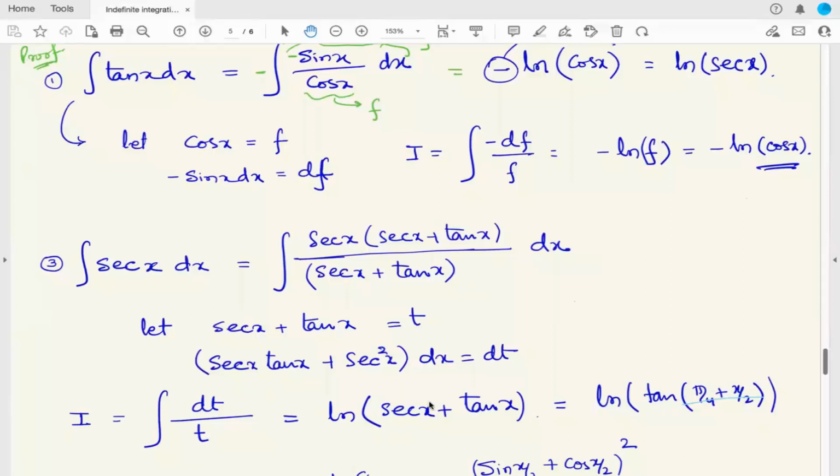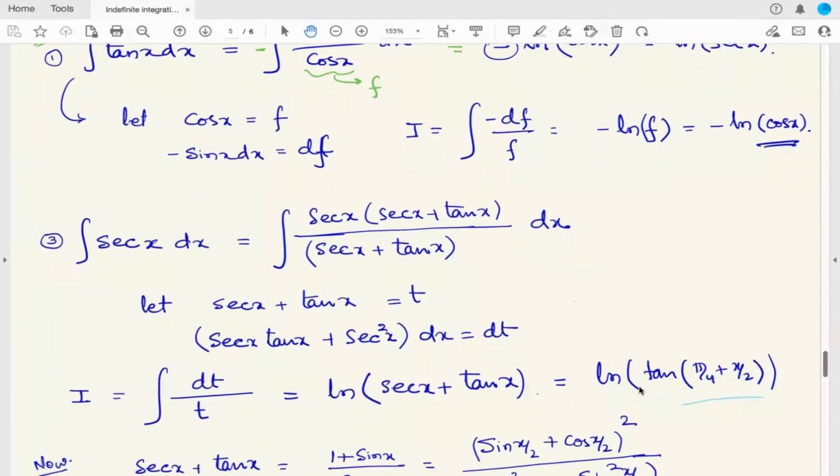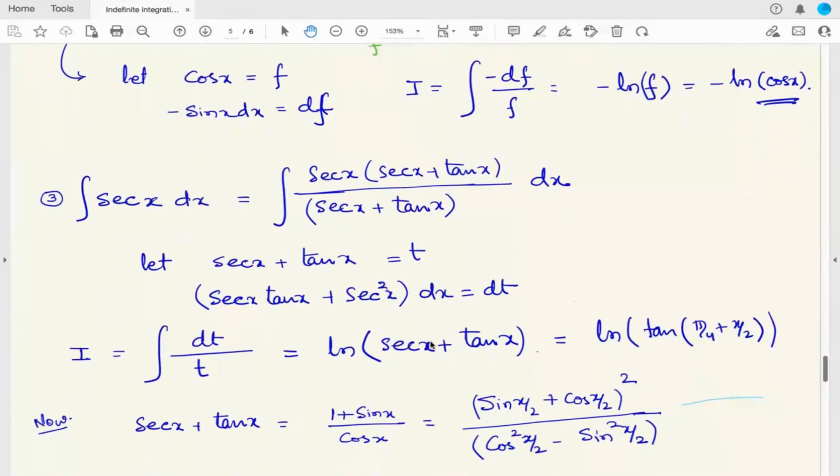Now we can write sec x plus tan x as 1 by cos x plus sin x by cos x. Let me write that, if you do not understand. Listen: sec x plus tan x we can write as 1 by cos x plus sin x by cos x, so it is (1 plus sin x) by cos x.